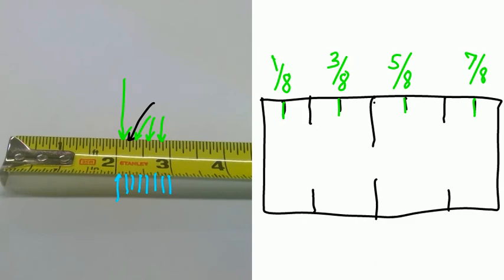Now, these lines end up going in between the eighths, and they're half of an eighth. I know I'm going through the fractions kind of fast. If you need a review on that, there is another video on fractions, just reviewing on how to make them equivalent to each other.